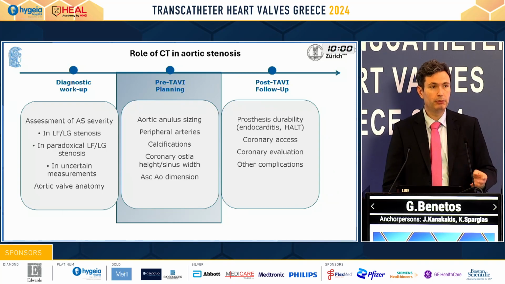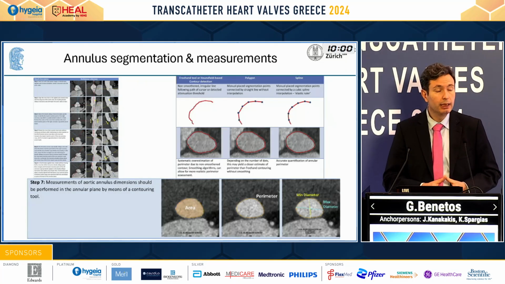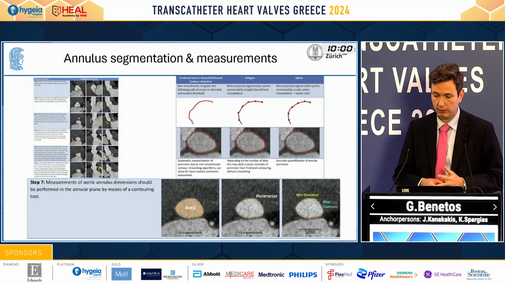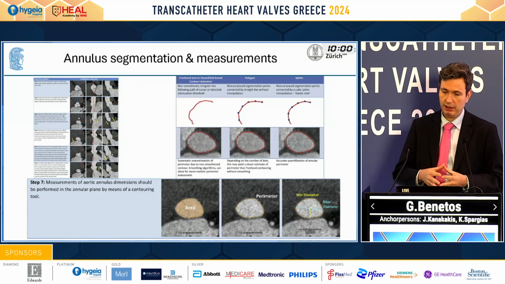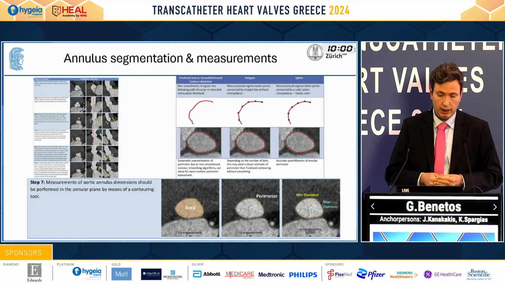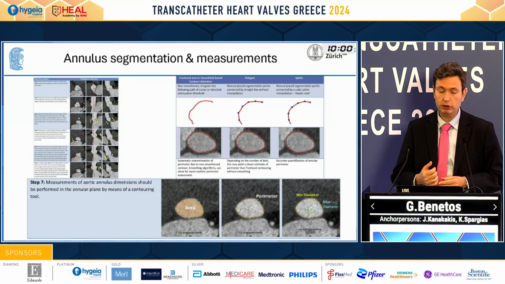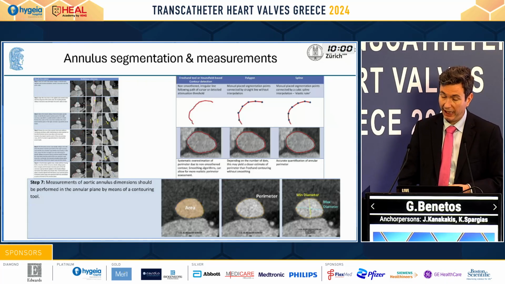Going on to the main part of my talk regarding the pre-TAVI planning. The most important measurement in pre-TAVI planning is the annulus measurement, which is a plane at the base of three hinge points. We put three hinge points at the base of the aortic cusps, and we can measure the aortic annulus using different tools: freehand, polygon, or spline.